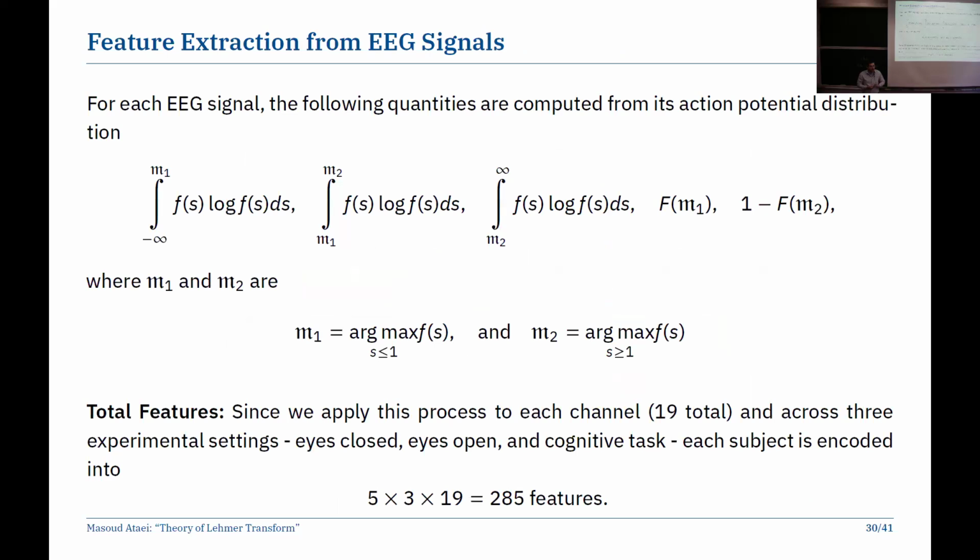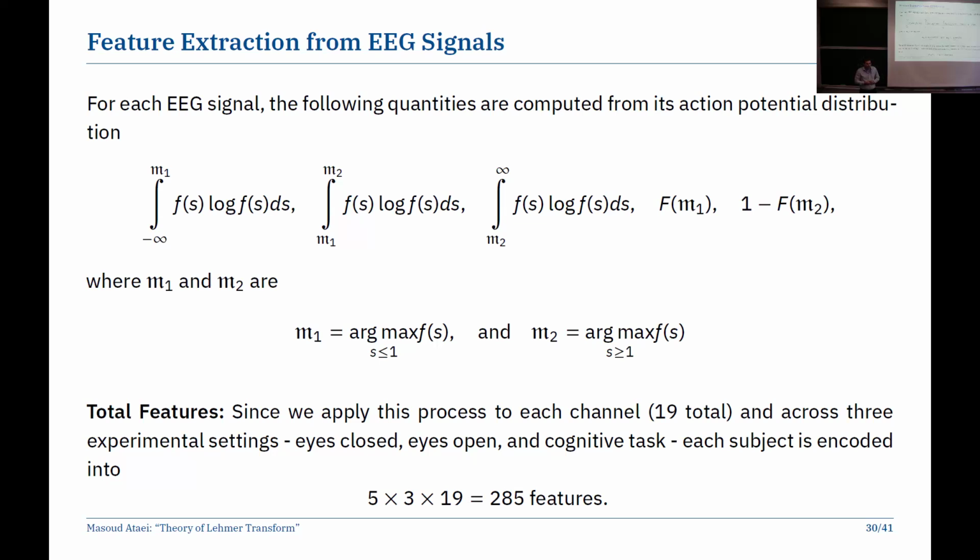For each of the subjects, we do feature extraction by defining 5 quantities. The first 3 quantities are entropy-like measures, which basically measure the concentration of information before, between, and after 2 modal points.